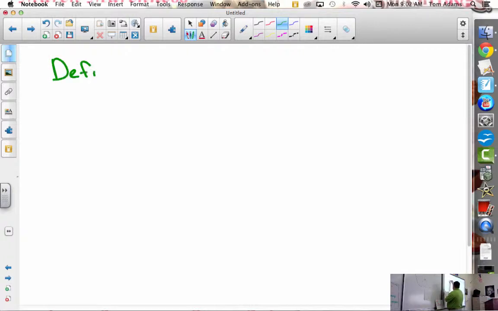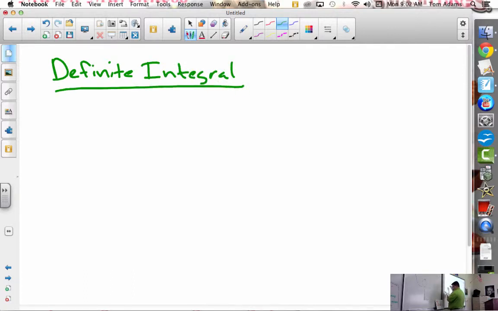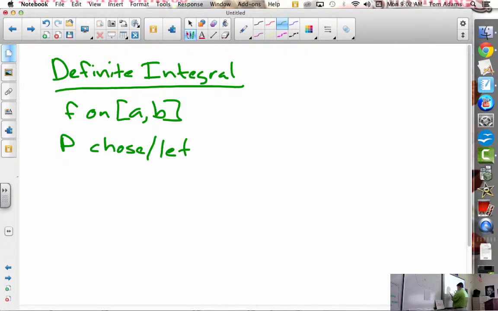So a definite integral of f on a, b, for any partition P, we're going to choose or let there be some value c sub k trapped on the interval, and all the formal stuff is listed in the thing.